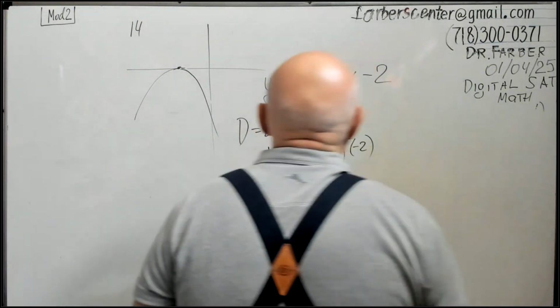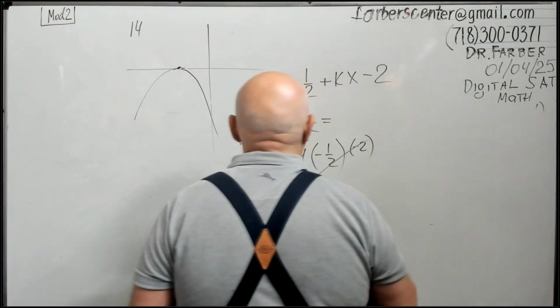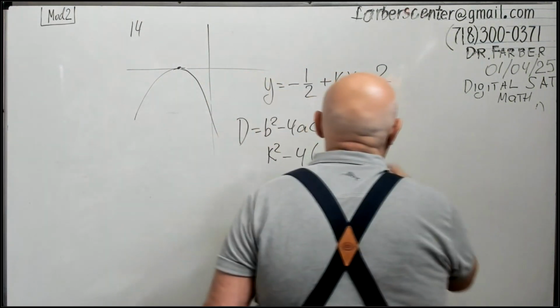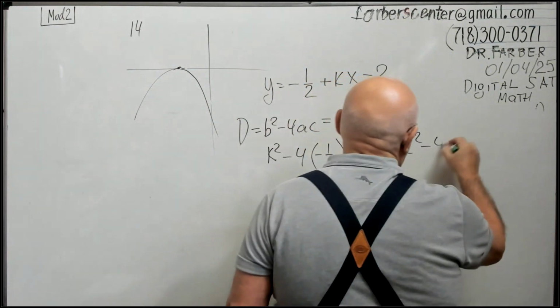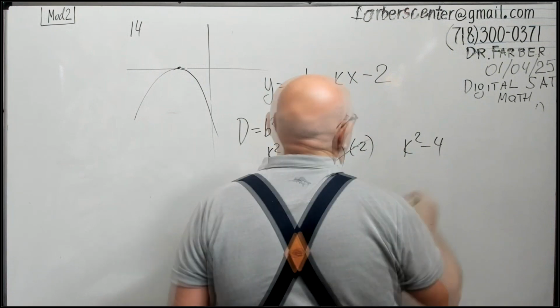Okay, so after simplification, what do you have? Cancel, and you have k squared minus 4. And this is supposed to be equal to 0.